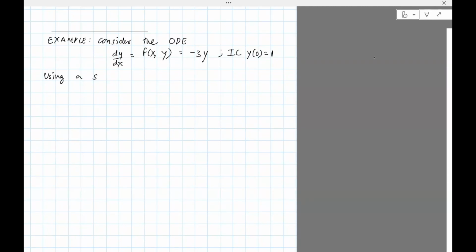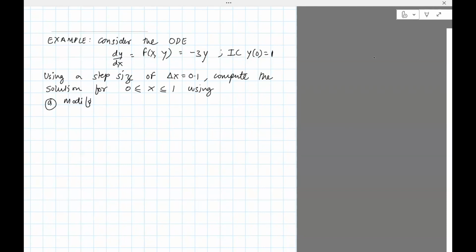Using a step size of delta x equals 0.1, compute the solution for x from 0 to 1 using (a) the modified Euler's method and (b) the Runge-Kutta method of order 4.